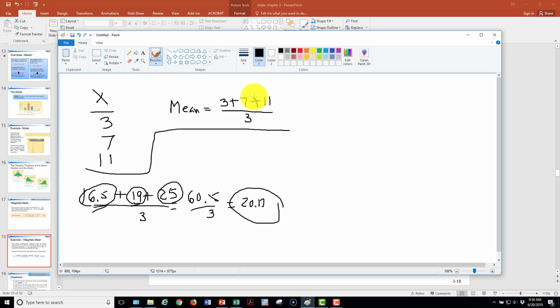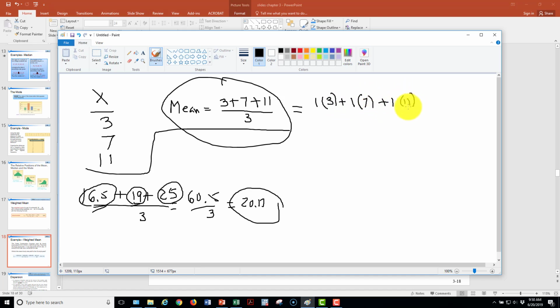So what happens is when you add the three numbers, like we did in the previous section, and divide by 3, this is the equivalent to do this. 1 times 3, notice that I'm using the weight of 1, plus 1 times 7, plus 1 times 11. And then I add the 3 weights, in this case 1, 1, 1.